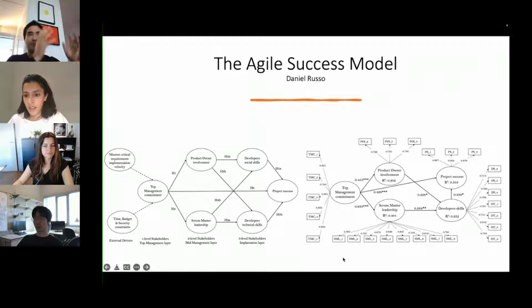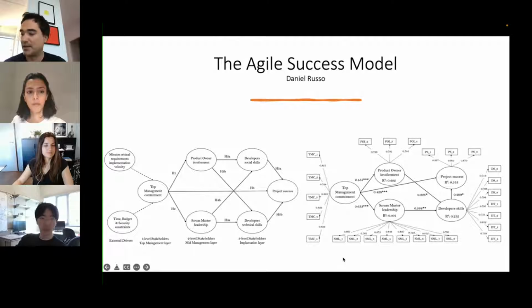So they went from traditional waterfall development into an agile one. In addition to that, after several years of observations, I also performed a quantitative survey, and I was able to validate my model using structural equation modeling. So this is the story of the article in short.